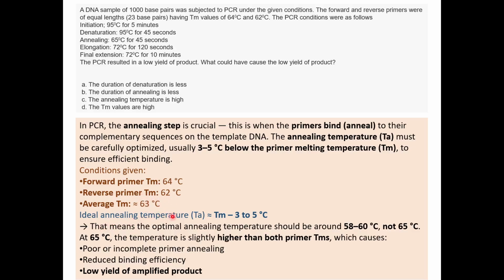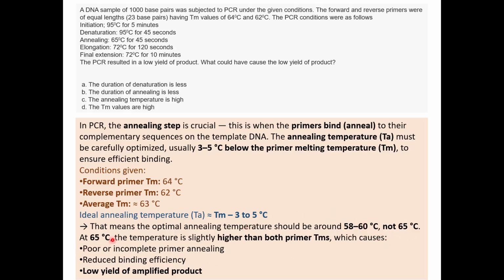So, the ideal temperature should be TM minus 3 to 5 degrees centigrade, which means it should be between 58 to 60 degrees centigrade. But in our case, the annealing temperature is 65 degrees centigrade, which is higher than both the primers' melting temperatures. So it will not help in the proper binding of the primer to the strands.